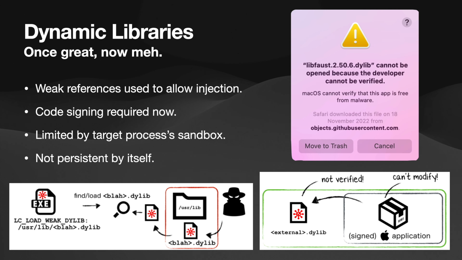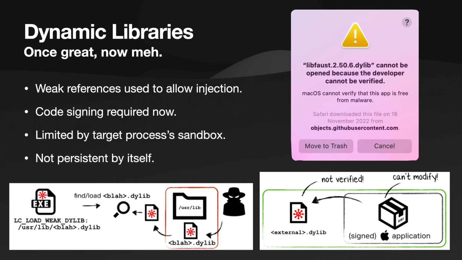So, dynamic libraries. Patrick Wardle wrote about these a while back, and as a result, Apple tightened up on how we can use them. Essentially, dynamic libraries do for macOS what DLLs do for Windows, like we talked about earlier. It used to be that you could place a malicious dylib file in the search path to get yourself injected into a process.